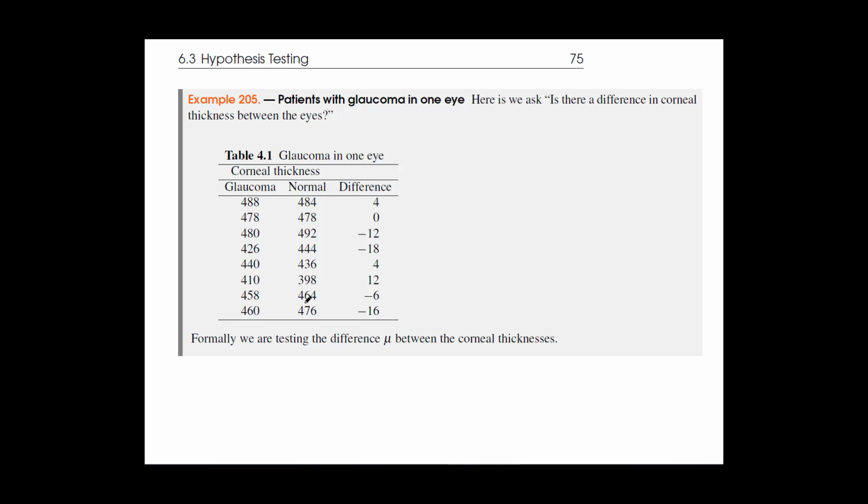You want to see if there's a difference in corneal thickness between your glaucoma eye and your normal eye. That's a typical case because the measurements are taken from the same person, different eyes of the same person, and you want to see if the eyes have the same thickness.